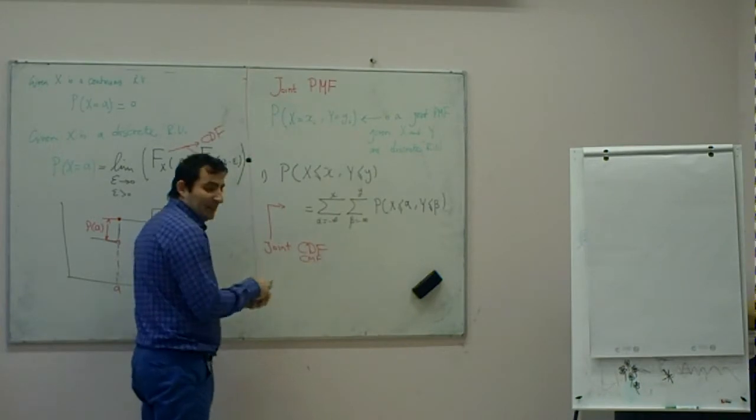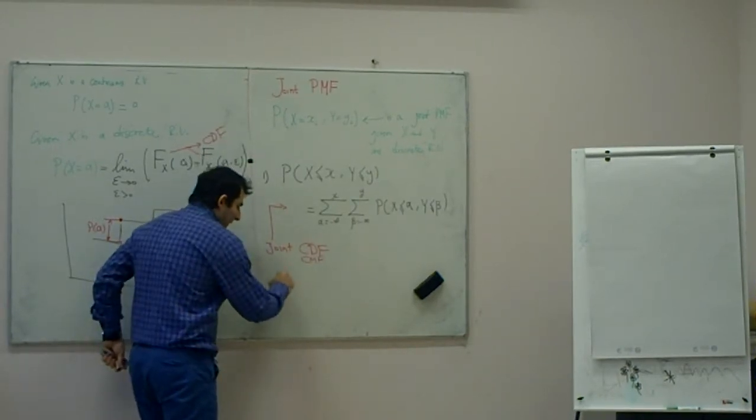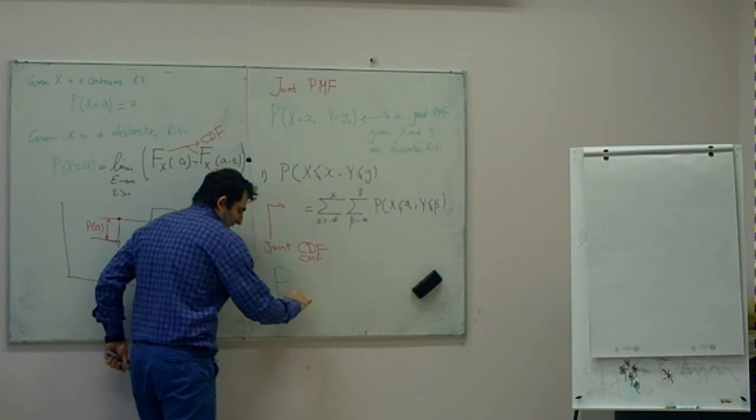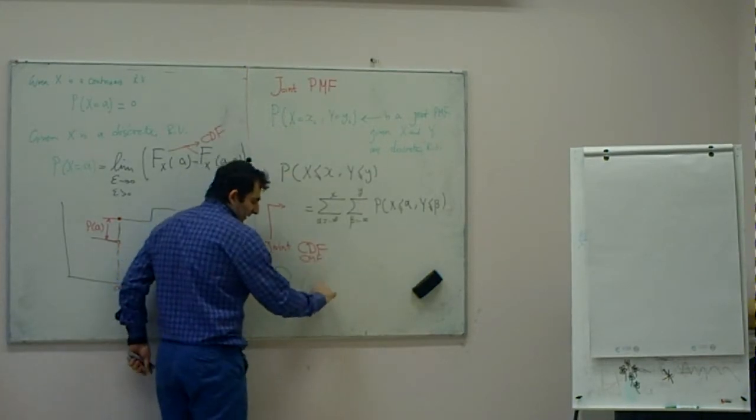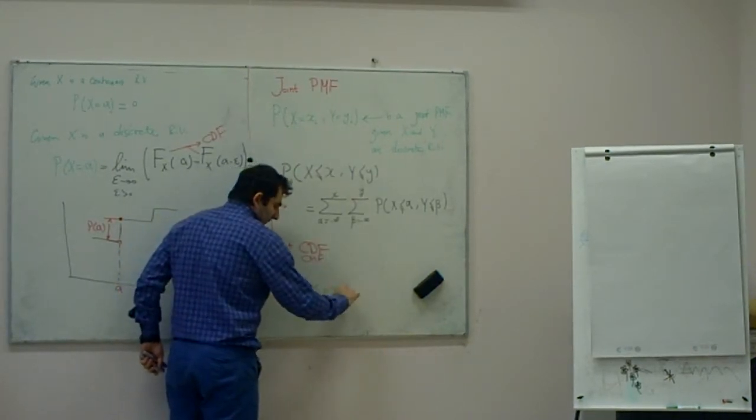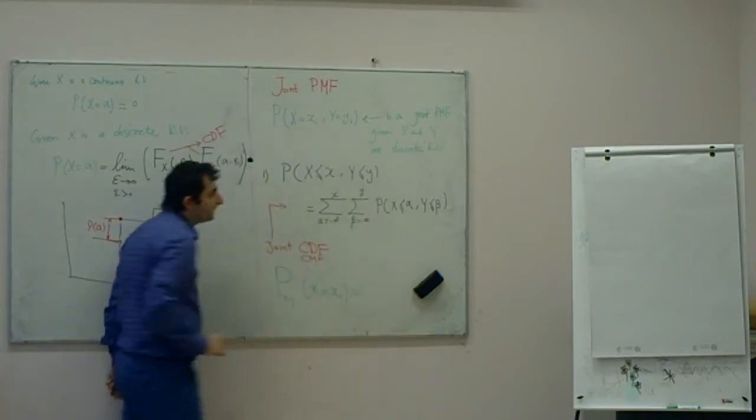Now, who can tell me what is, for X and Y, the probability of X is equal to xi? What is this?